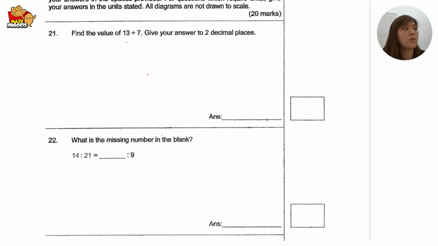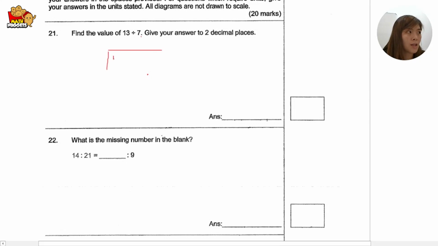Question 21, we need to find the value of 13 divided by 7, and they want you to give your answer to 2 decimal places. To do this, we need to do the long division method, and get the answer in more than 2 decimal places, maybe about 3 decimal places first, then we round. So 13 divided by 7. Using the long division method, 1 times 7, then here will be 6.